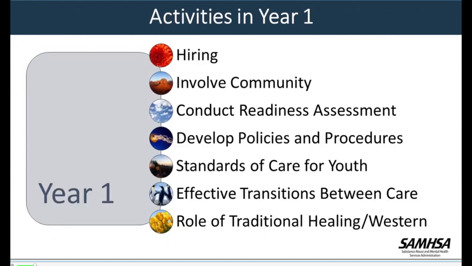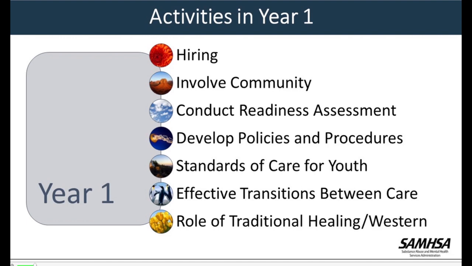So the way that Native Connections is structured is there are things that you focus on in year one, and those help lay the groundwork for what you do in years 2 through 5. And so these are all things that are going to be part of what we'll work with you on for your first year.